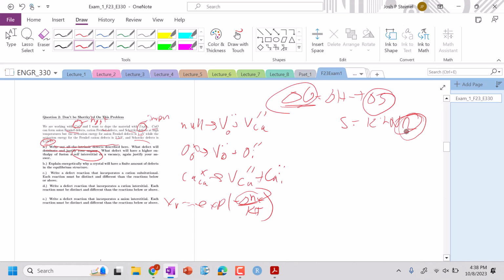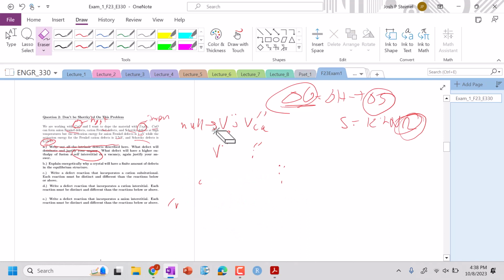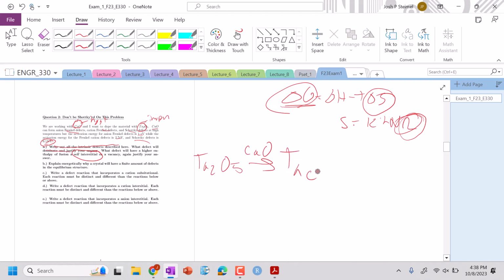Defect reaction that incorporates a cation substitutional. So let's go ahead and get at it. I'm going to put Ta2O5 into CaO. We want a cation substitutional, so I'm going to put a Ta where Ca should be.